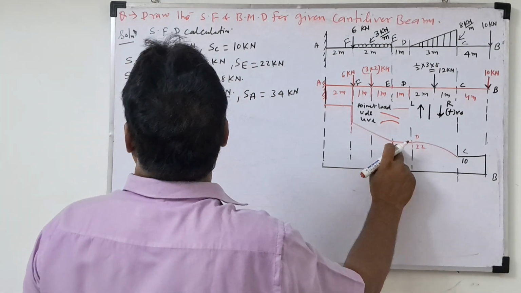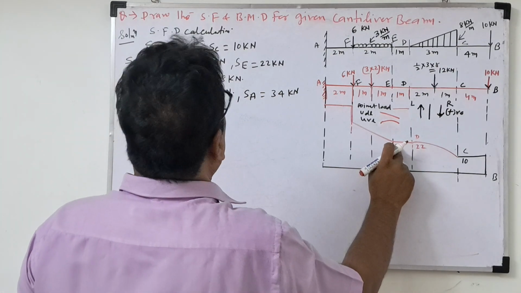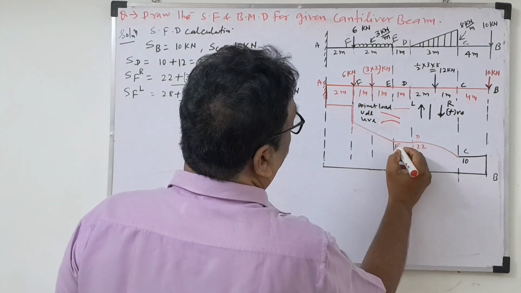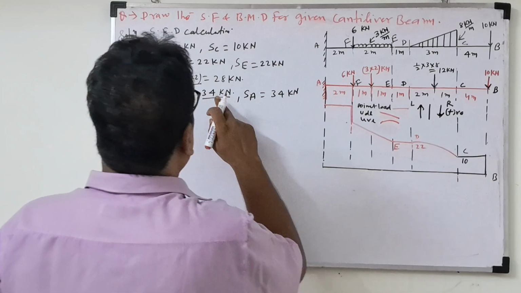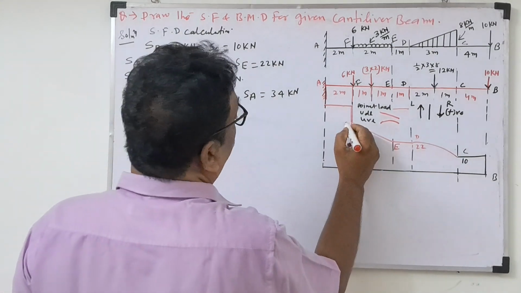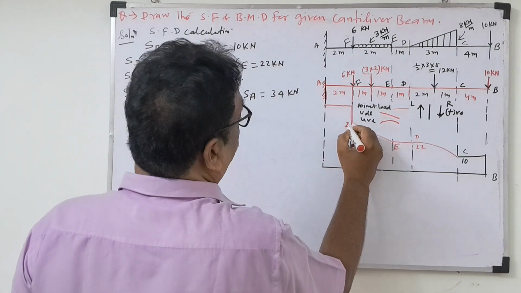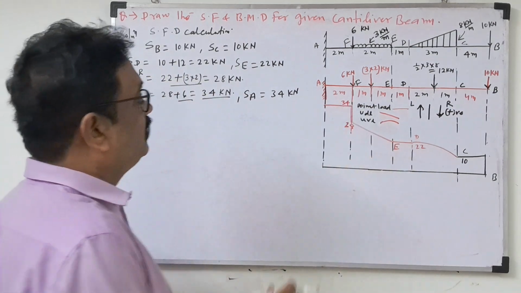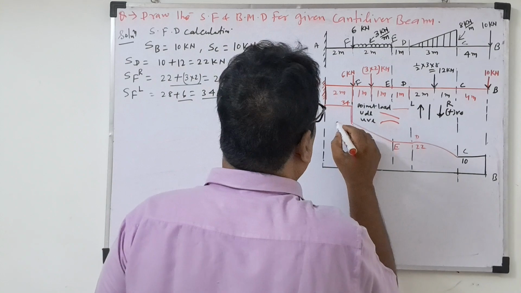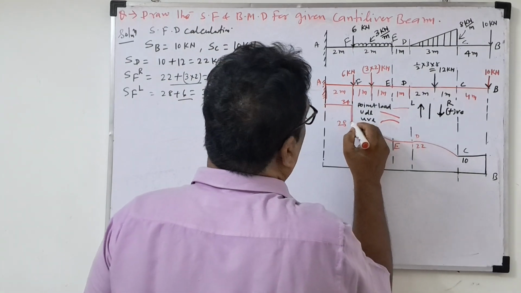Point E will also be 22 because of the horizontal line. Now this point F. Here we take 28, here 34. So if the diagram is like this, seeing this you know the values here.